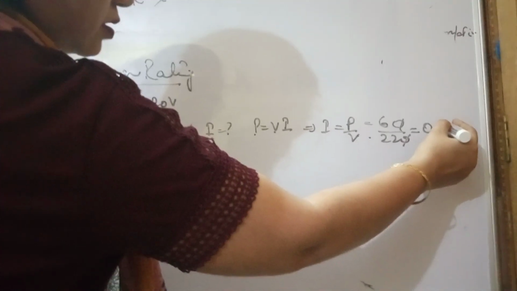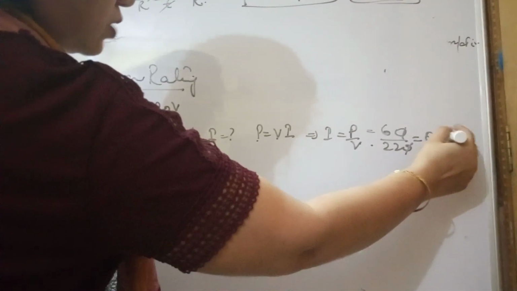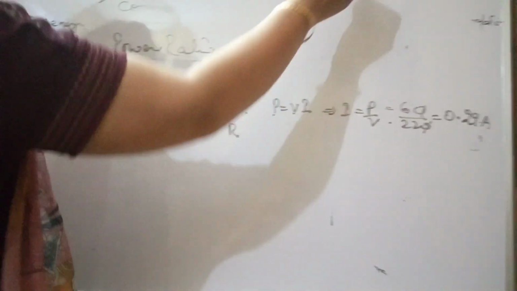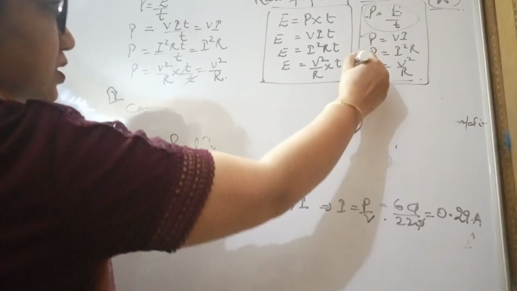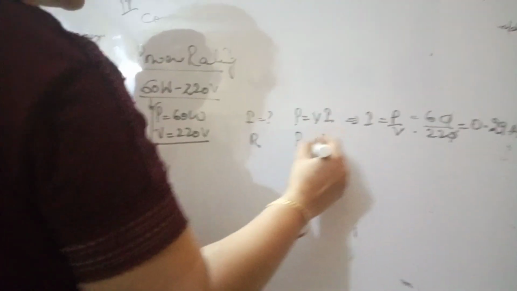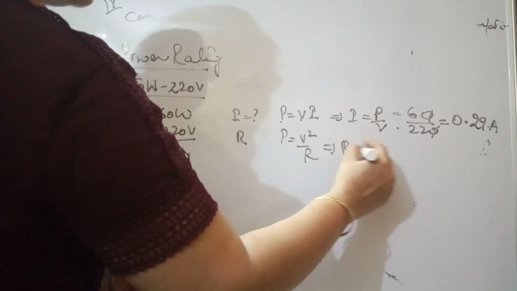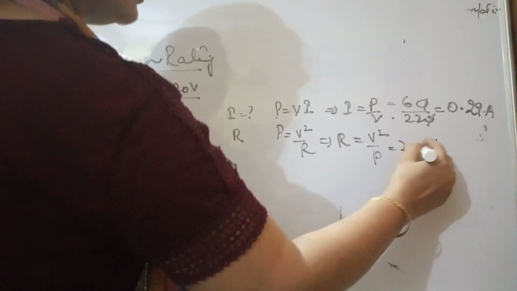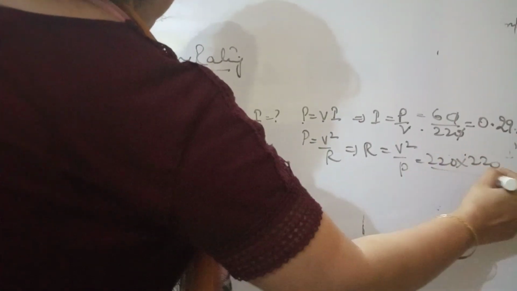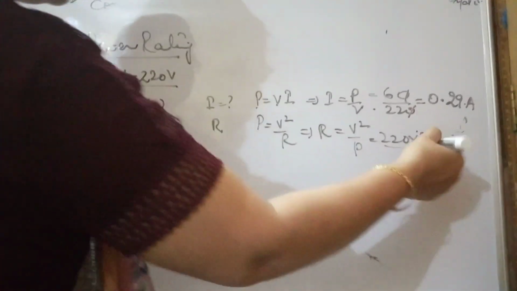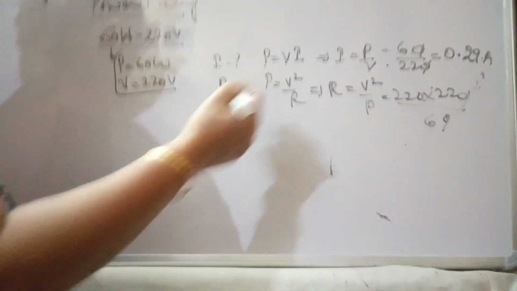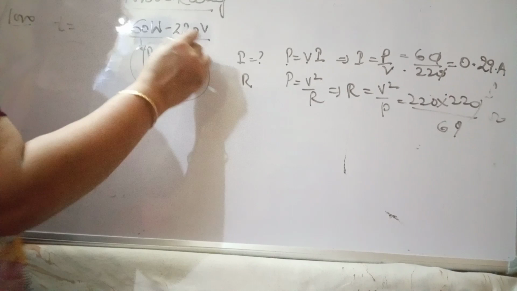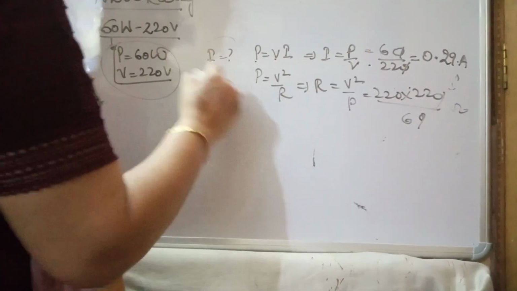The answer is 0.329 ampere. In the same way we can find R using the formula P is equal to V square upon R. We can find R: 220 into 220 upon 60. So in this way you can find the R of that particular appliance. Two pieces of information are given by the company, two we get ourselves.